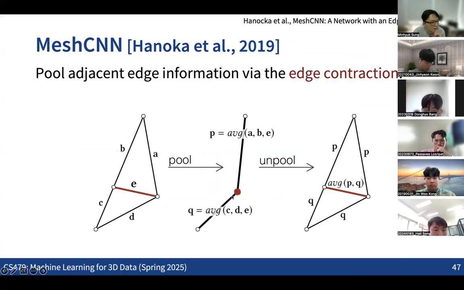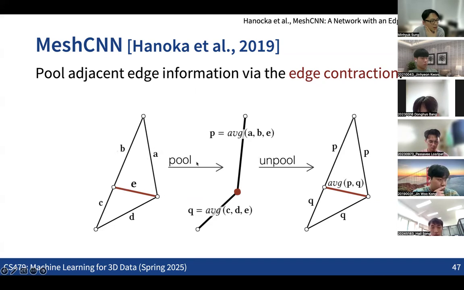Then we remove these two faces and also the edge E. This is the operation we call edge contraction, just removing the edge. Through edge contraction, we can progressively reduce the number of faces, and we can also do pooling for the information defined over the edges.